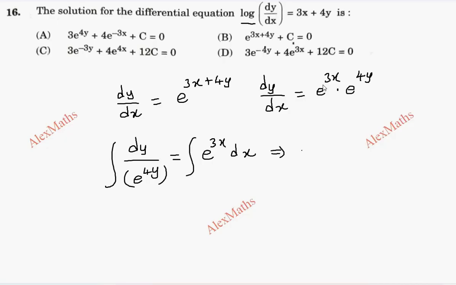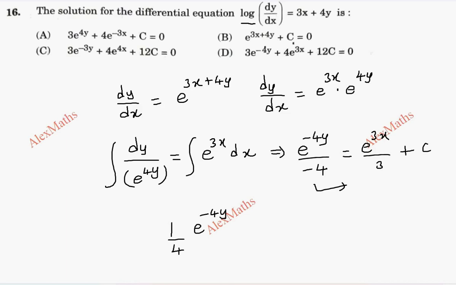On integration, we get e power minus 4y by minus 4 equals e power 3x by 3 plus c. In the options we find all the terms are on one side, so it is better we take this term to the other side. So it is 1 by 4 e power minus 4y plus 1 by 3 e power 3x plus c equals 0.